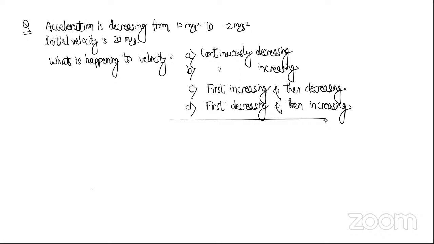Lopamudra, are you present in class? Mridmay, what is your answer? Sir, continuously decreasing. Parthasarthi, what is your answer? Sir, continuously decreasing. Soumya Tapaswini, what is your answer? So continuously decreasing. Soumya Kanta Saw, what is your answer?